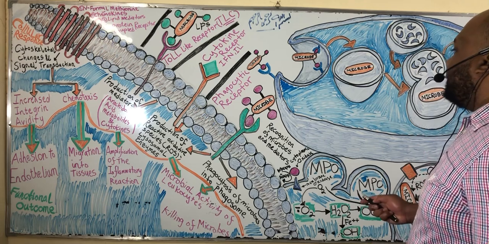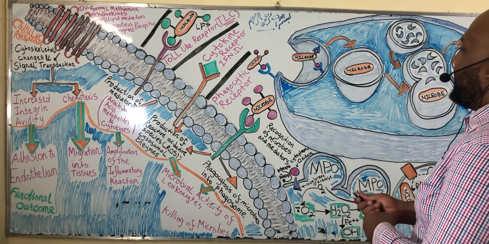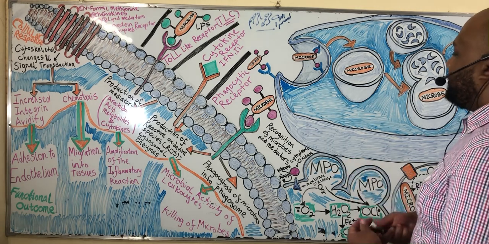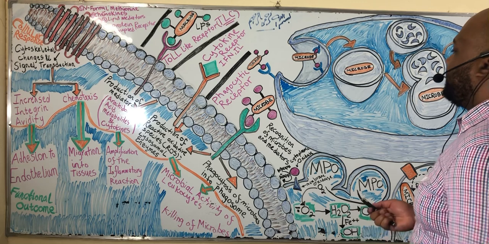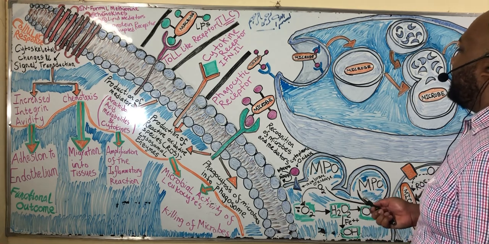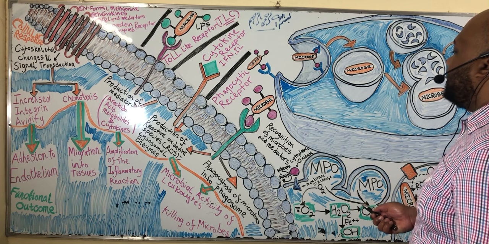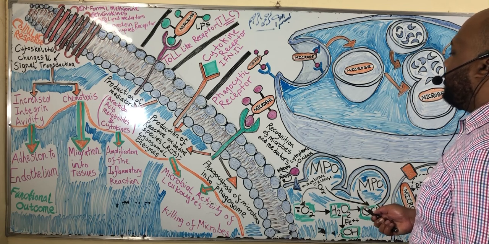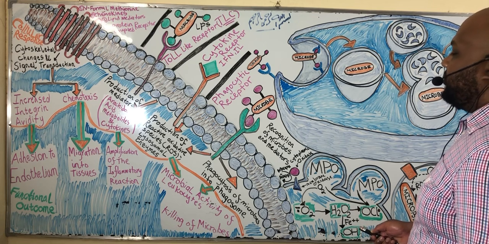Our last receptor will be the phagocyte receptor. This phagocyte receptor will also, just like the toll-like receptor, bind the lipopolysaccharides that are found on the surface of the microbes, and that leads to an intracellular response.